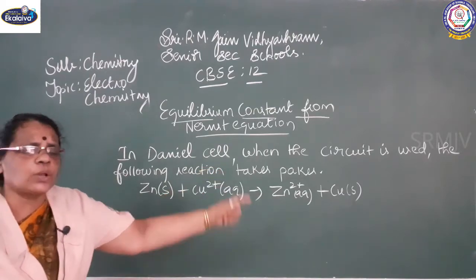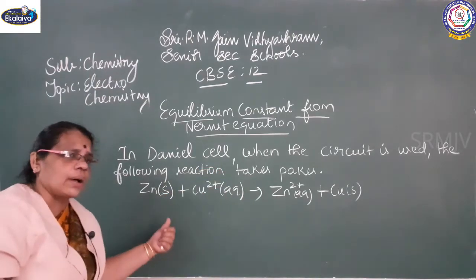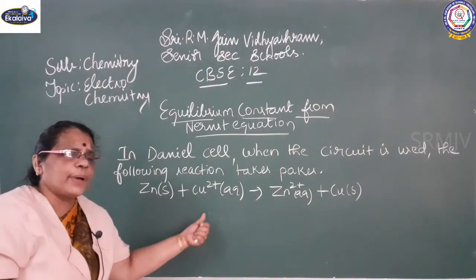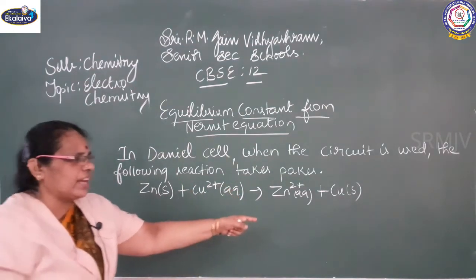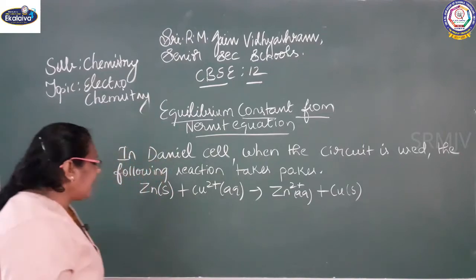So when the circuit is closed in the Daniel cell, zinc solid reacts with copper 2 plus aqueous to give zinc 2 plus aqueous with the liberation of copper solid.